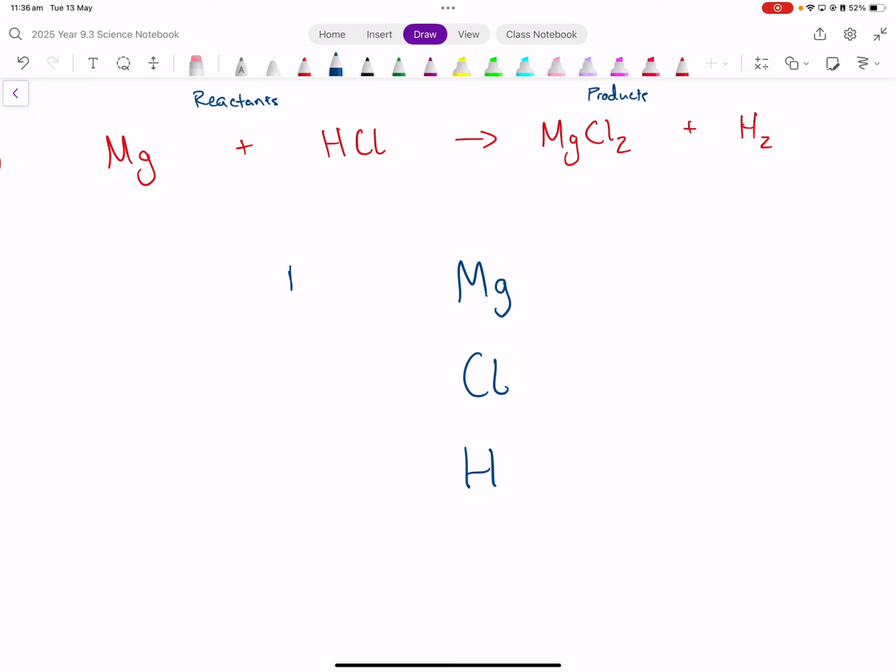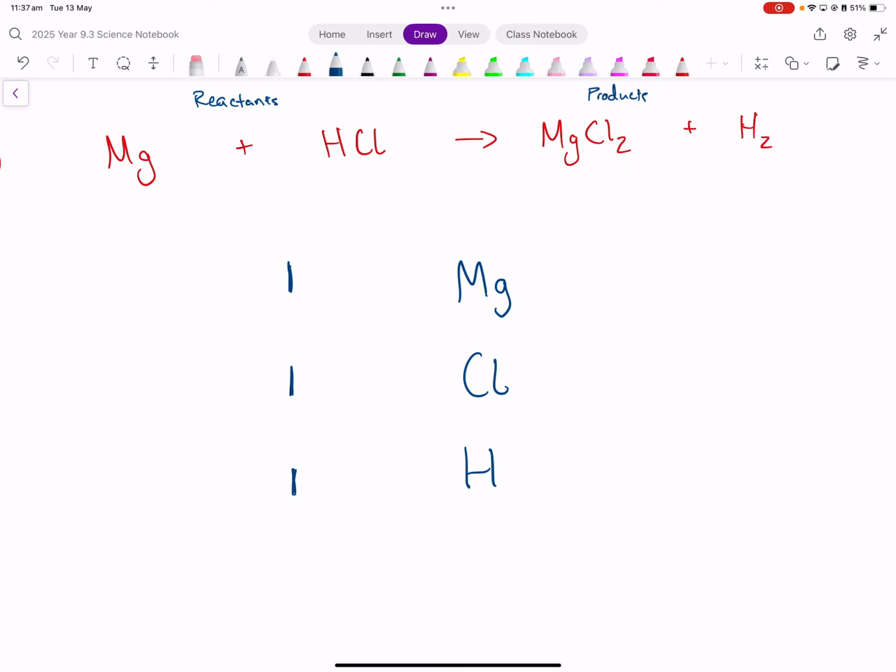And so all I'm going to do is write a 1 towards the left of magnesium. Okay. Next, how many chlorines do I have on the reactant side? 1. And finally, how many hydrogens do I have? 1. Okay. So I've got 1 of everything over on the left, on the reactant side.